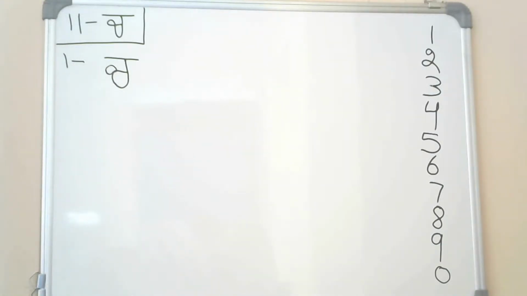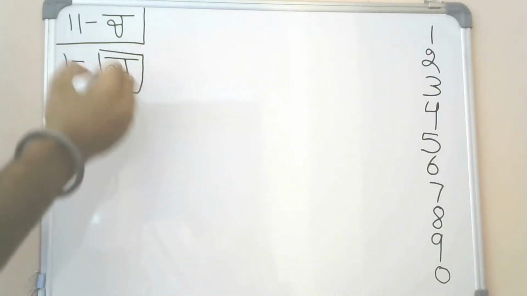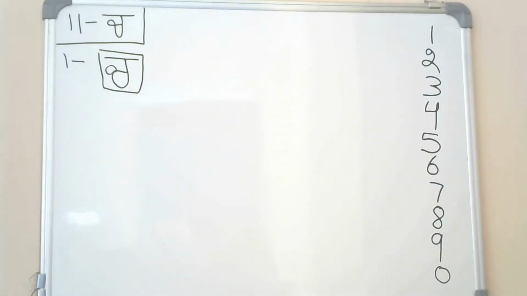So this is one of the ways to write the 11th letter, but it is not actually the correct way. I mean, it does not look like Chacha, the 11th letter of Gurmukhi.